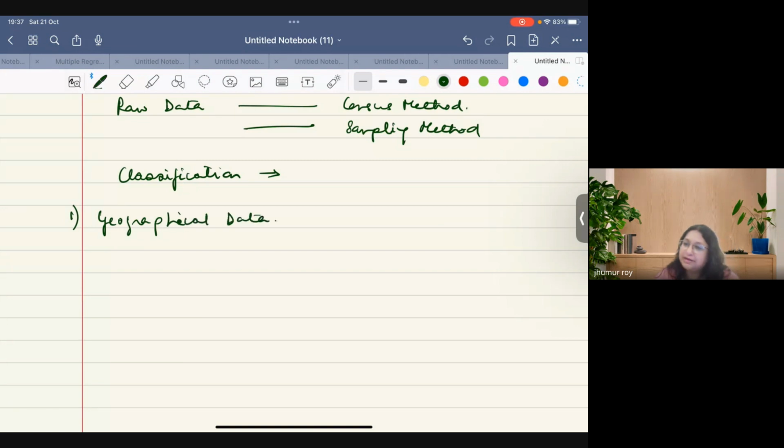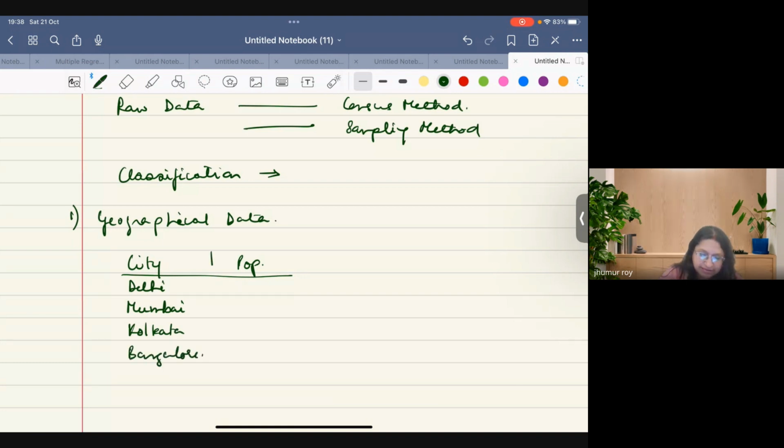If I make a table where I write city and population, in India I write Delhi, Mumbai, Kolkata, Bangalore.